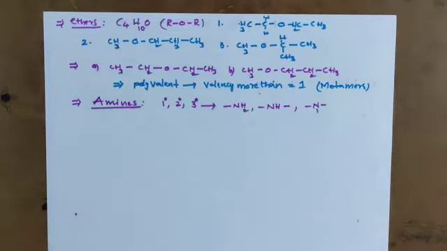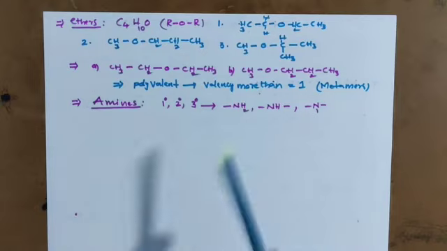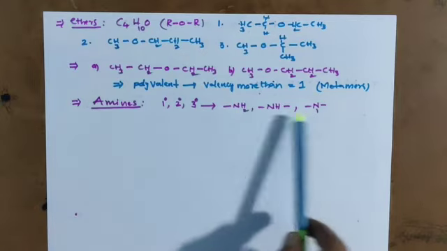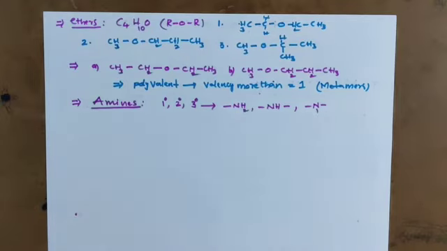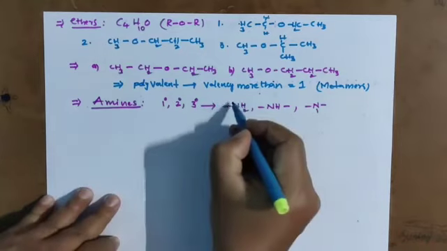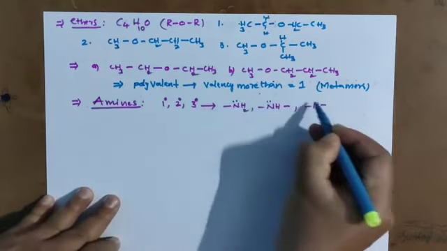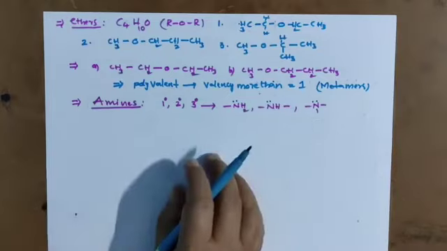We have 3 types of amines: 1 degree, 2 degree, 3 degree. Now these 3 different amines are functional group isomers.